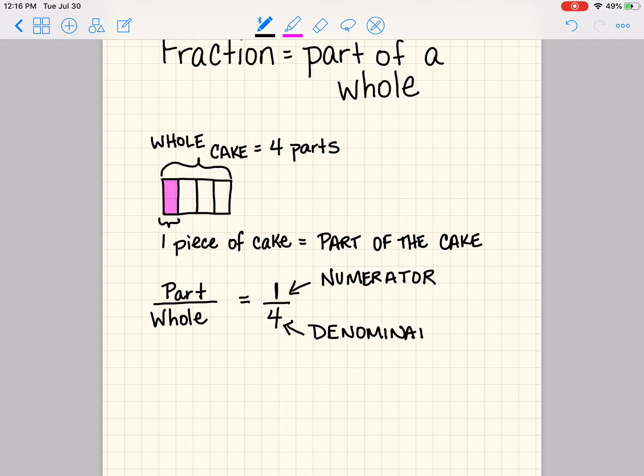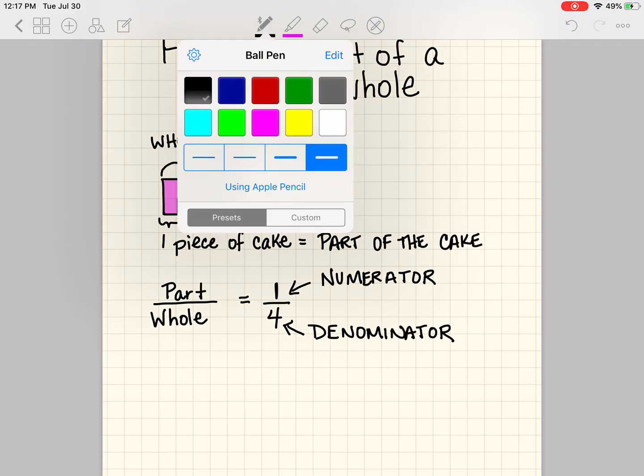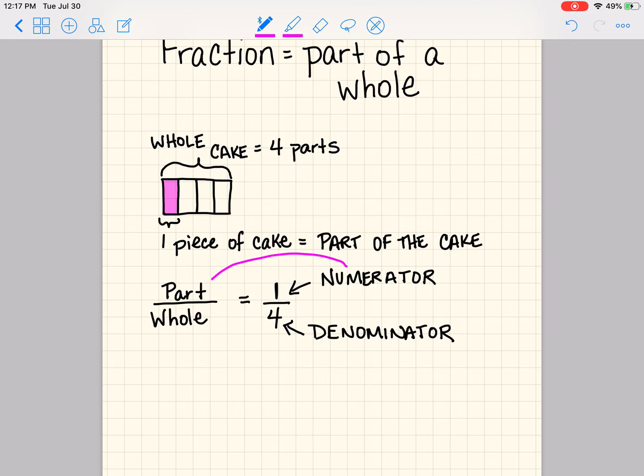The denominator. And that represents the whole, in this case, cake, all the parts that create the whole shape, or the whole item, or the whole group. So, the numerator is part, and the denominator is the whole.